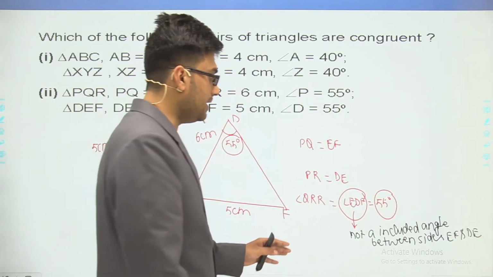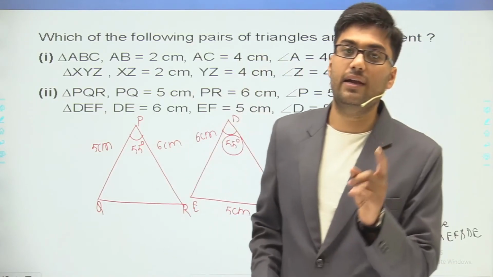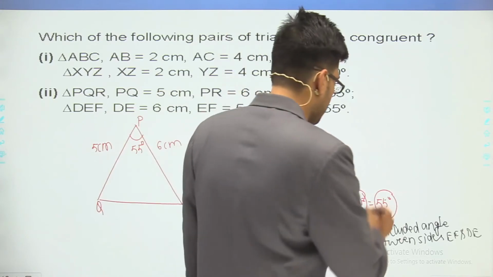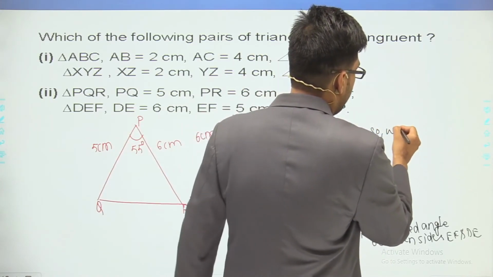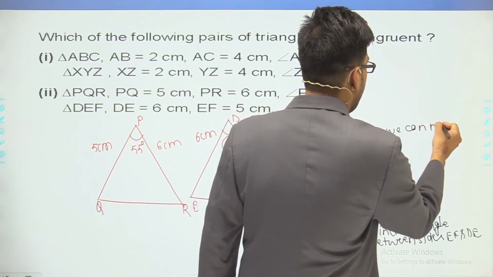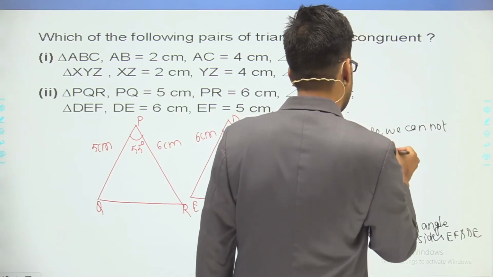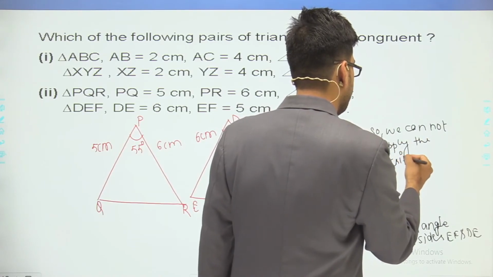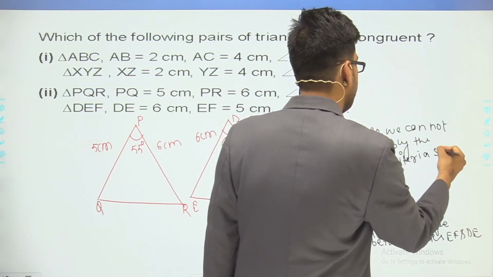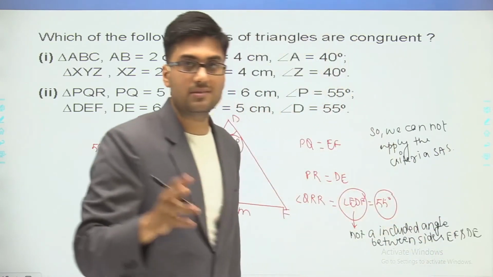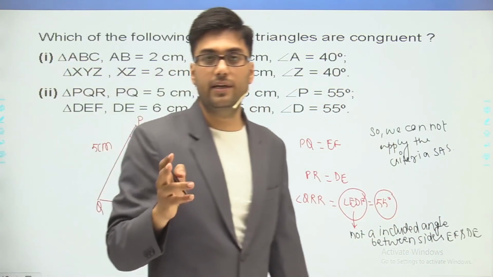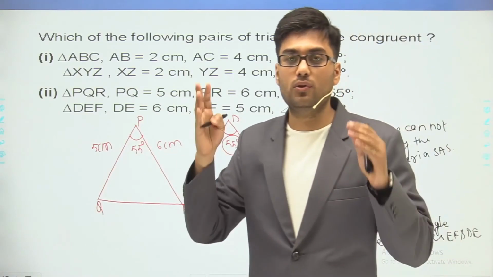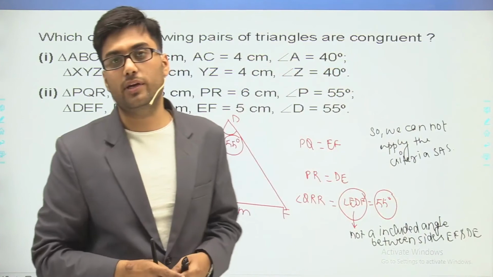So we can say that students, we cannot apply here the criteria angle side angle or side angle side, because in side angle side congruency criteria we have to use two sides and included angle equals to the corresponding two sides and included angle of other triangle.